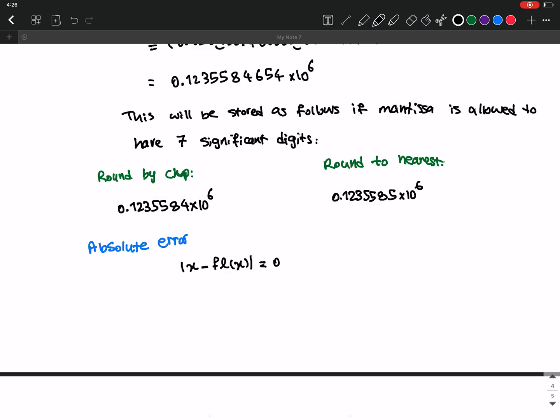If we do it, for example, for round off by nearest, it is going to be 0.0346, is the round off to nearest machine error.